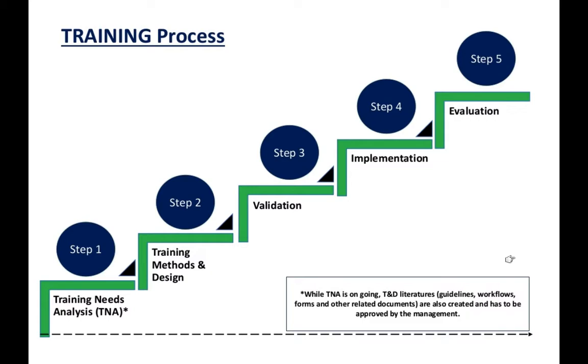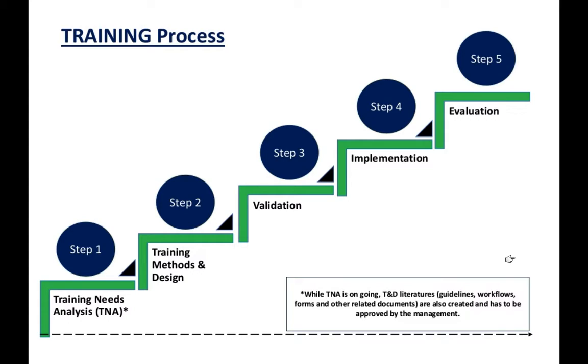So basically, all this process, while TNA or step 1 is happening, on the side, the learning and development manager or officer should be doing the training and development literatures. Literature means the guidelines of the HR, learning and development, workflows such as forms, and other related documents.